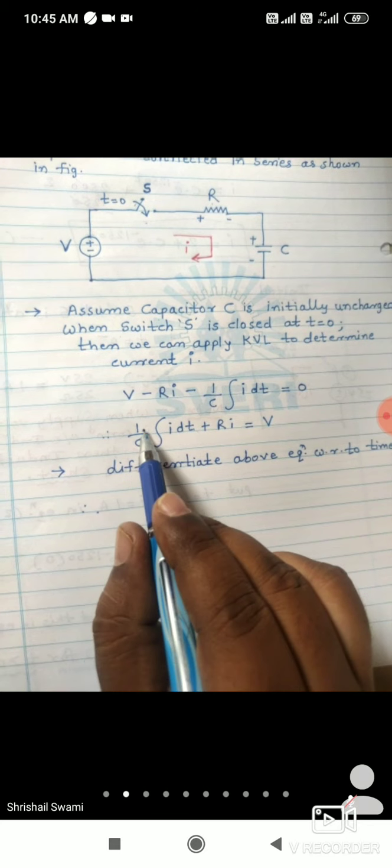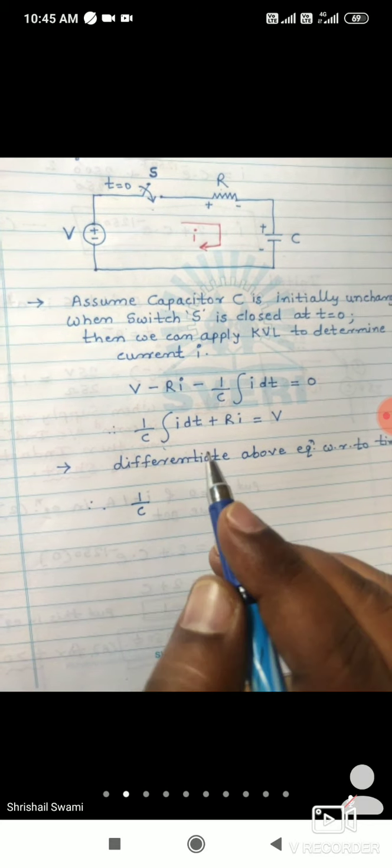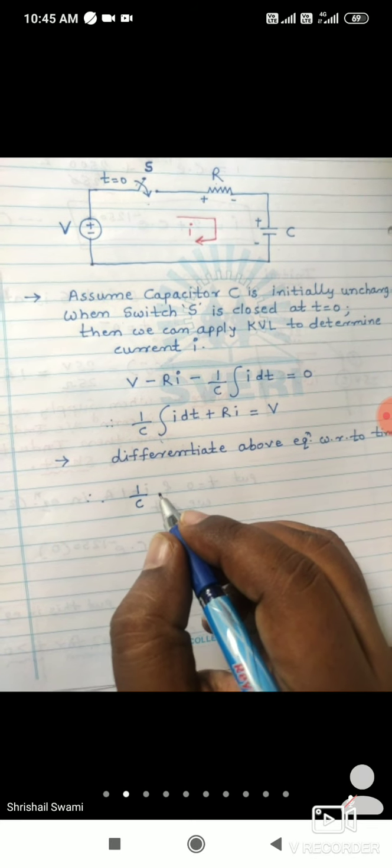Carefully observe, 1 upon C as it is. What is the integration of I with respect to t? That will be I.